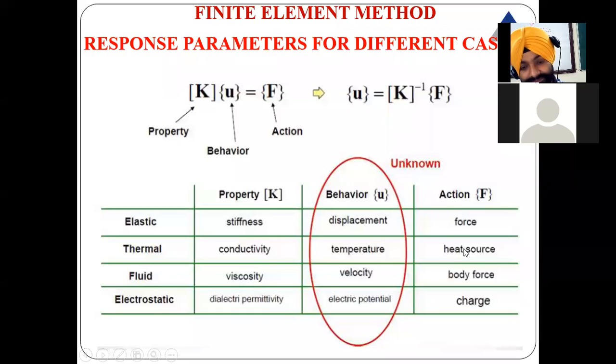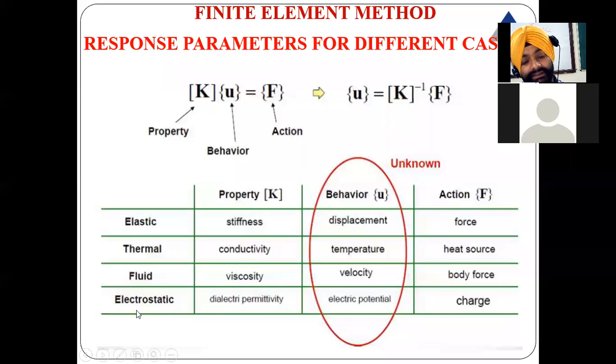Then fluid-related analysis: the property to be checked is viscosity. To check the viscosity, you can change the body force, and if the velocity varies, you can check the viscosity from that.